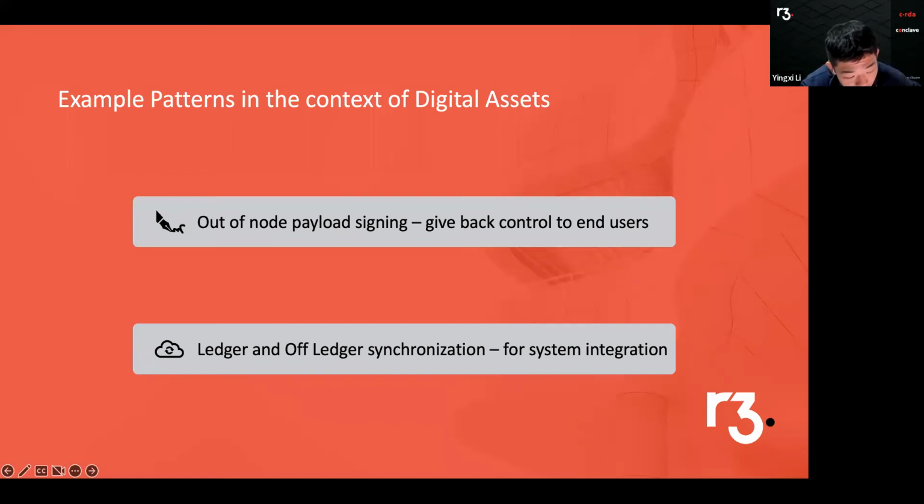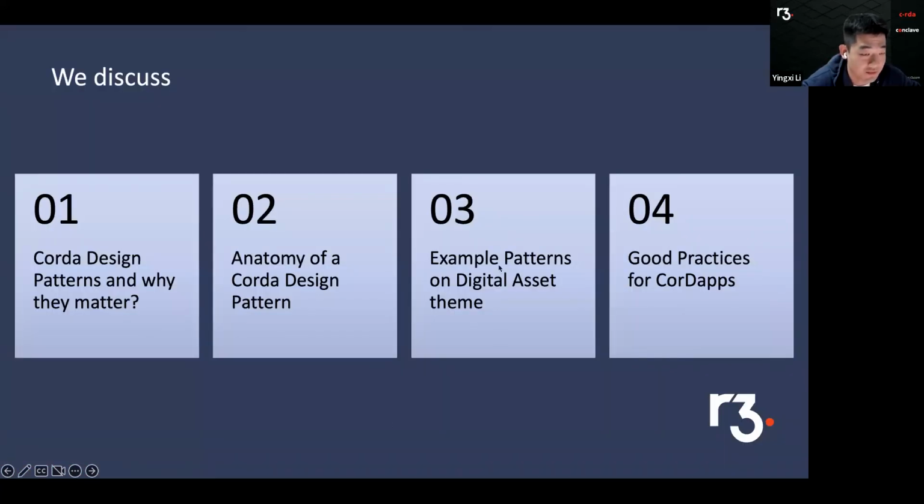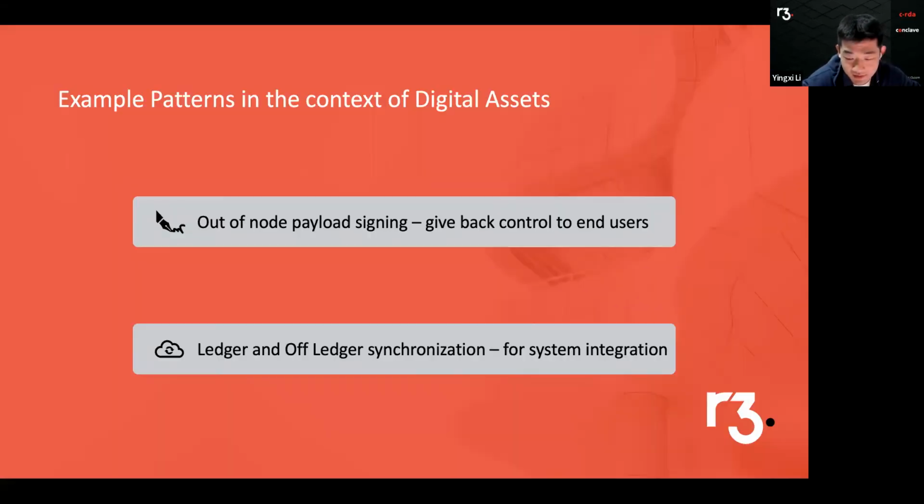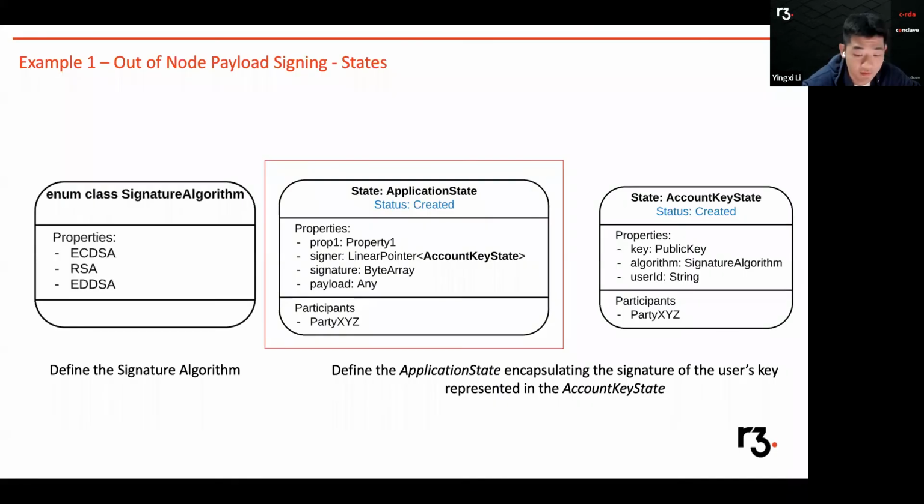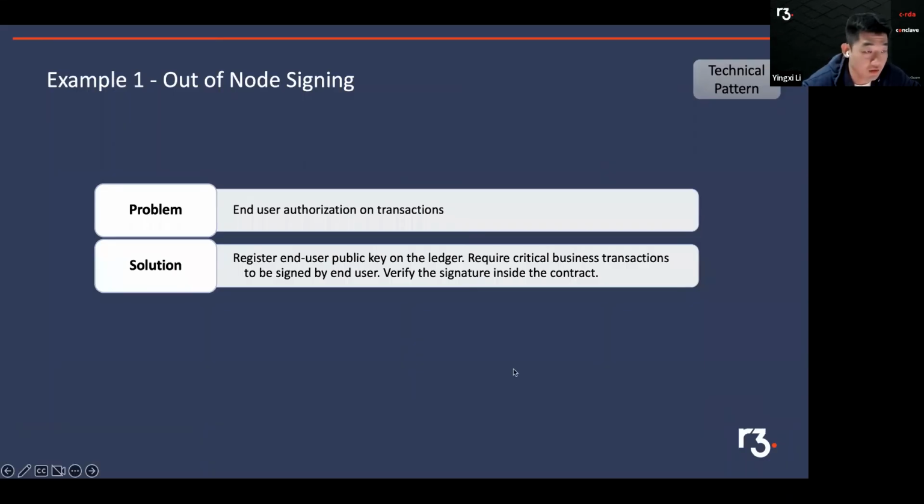So now we are already in the third part, example patterns. The first one is out of node signing. So the problem is end user authorization on transactions, they want to use their own public and private key to sign the transaction.